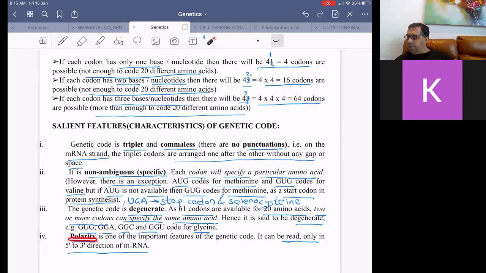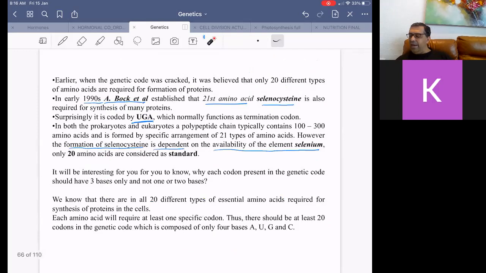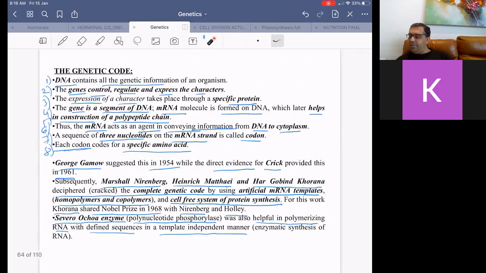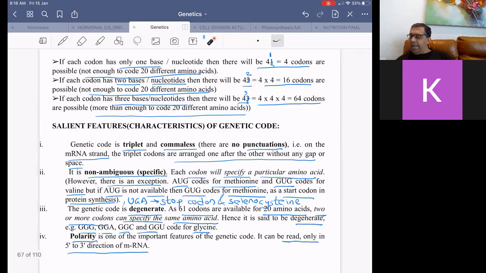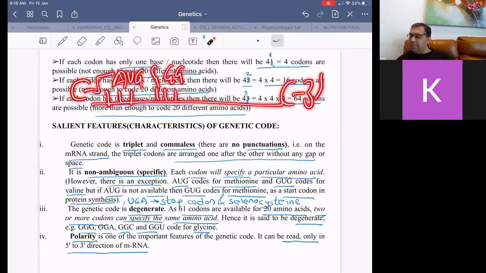And then polarity. Polarity is the important feature of the genetic code. It is read only in the 5' to 3' direction. mRNA is always read in the 5' to 3' direction. AUG and then GGG and then CCC and then UUU.